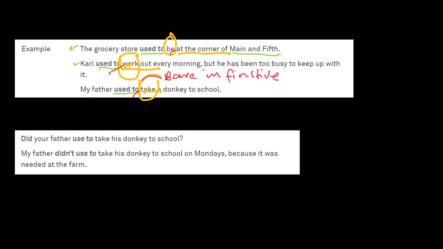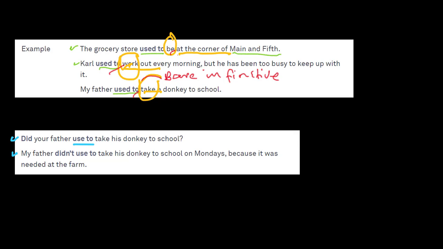Next, how used to is used in interrogative and negative sentences. That's a good question. Look at the first sentence here, and this is the second sentence, in the second box. Did your father used to take his donkey to school? It's a funny question, right? What happens with used to here?